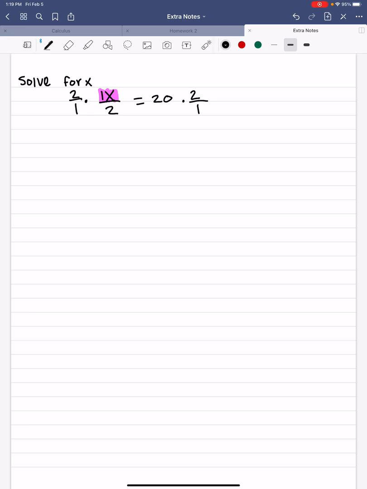And when we do that, when we multiply fractions, we actually multiply straight across. So now 2 times 1x gives us 2x, and 1 times 2 gives us 2. And remember, any whole number is actually over 1. So now 20 times 2 is 40. 1 times 1 is 1.